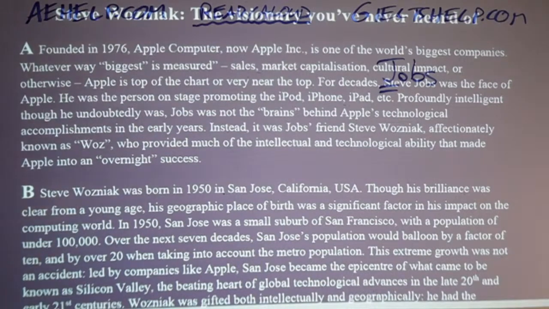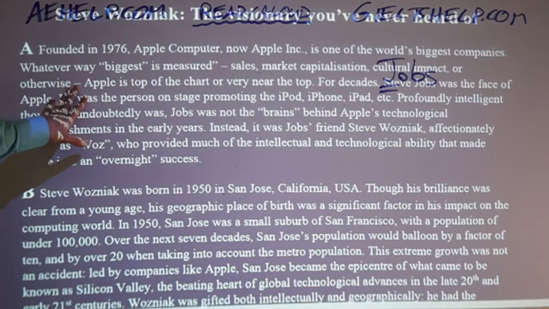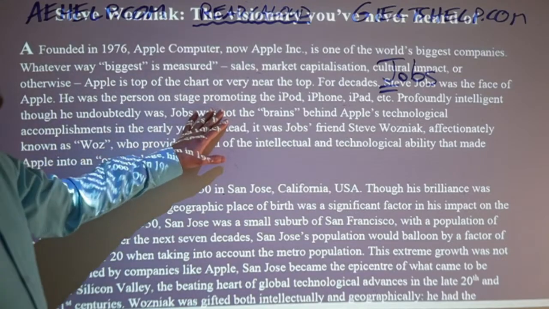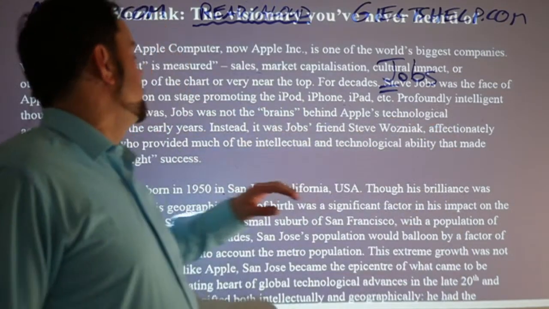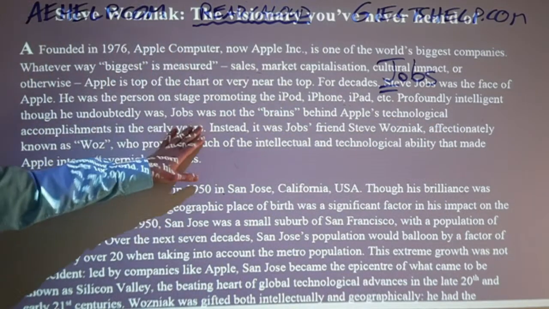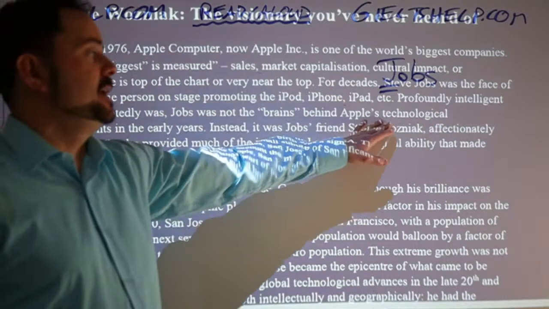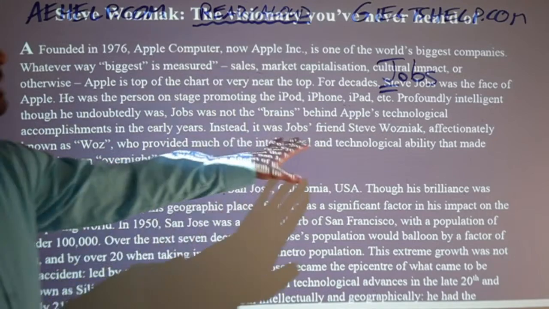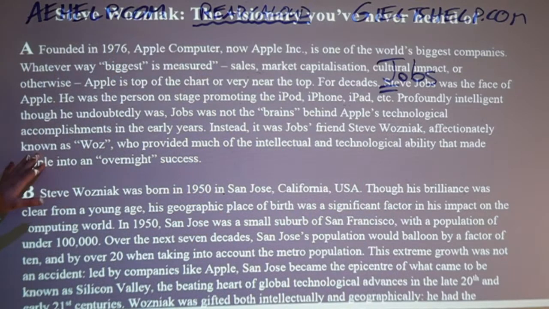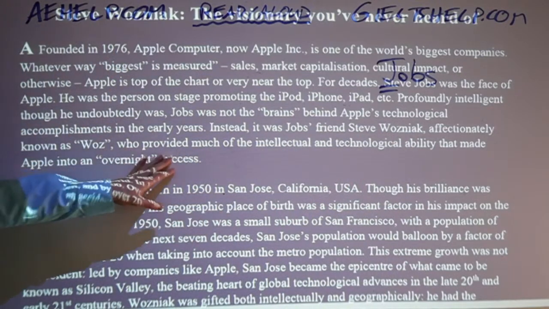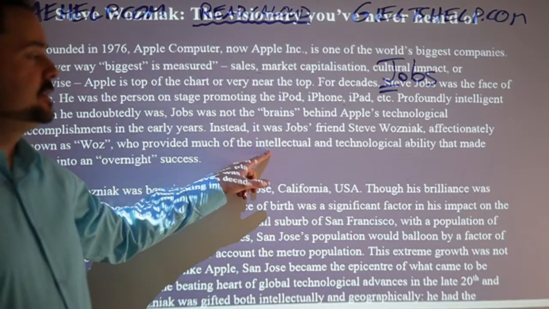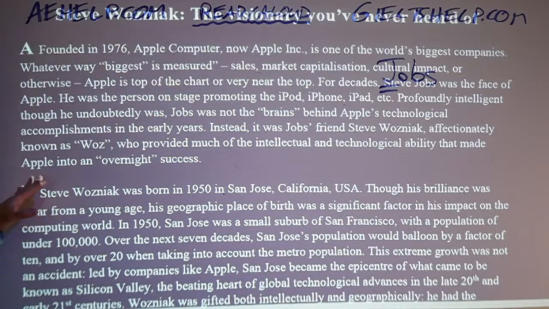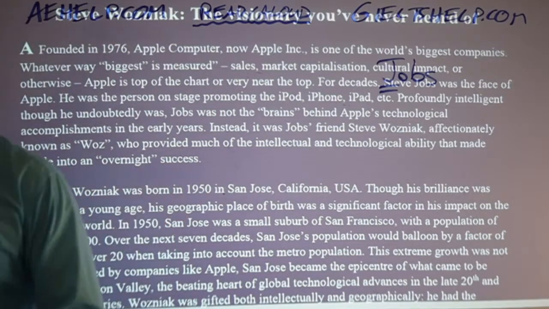Okay, so Steve Jobs was the person on stage, profoundly intelligent though he undoubtedly was. Jobs was not the brains behind Apple's technological accomplishments. Instead, it was Steve Wozniak, affectionately known as Woz, who provided much of the intellectual and technological ability that made Apple into an overnight success.